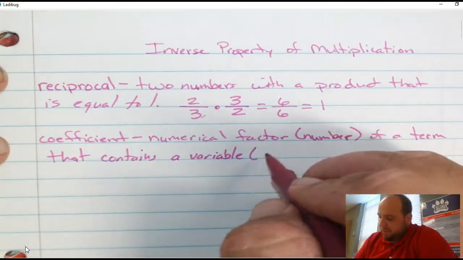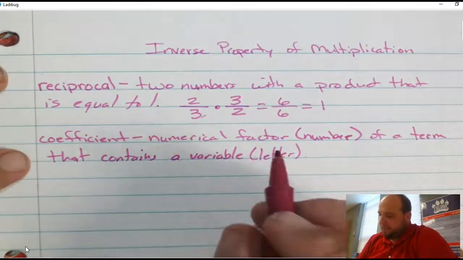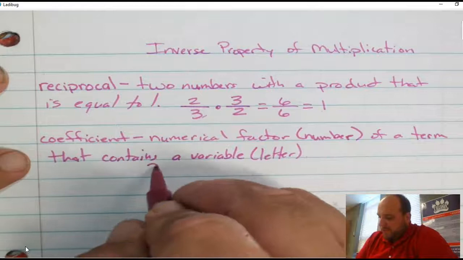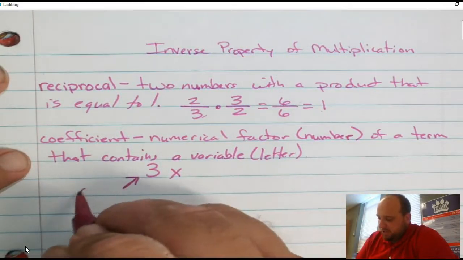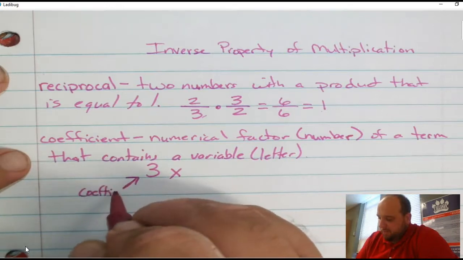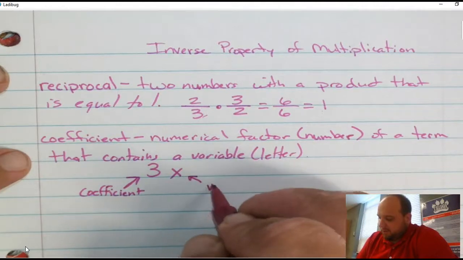Variable just basically means a letter. So an example would be in 3x, 3 is your coefficient, x is your variable.